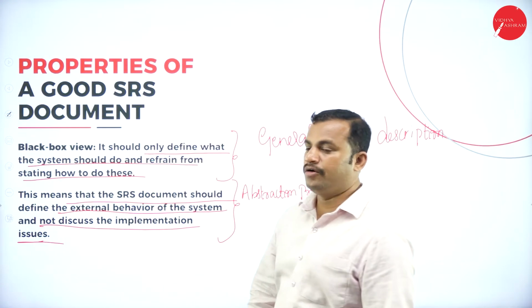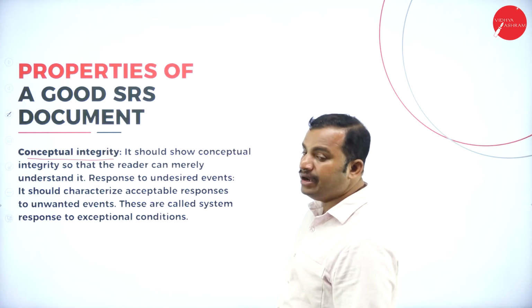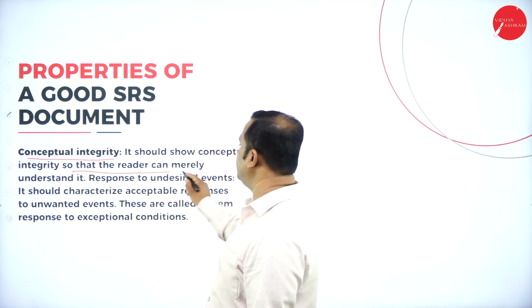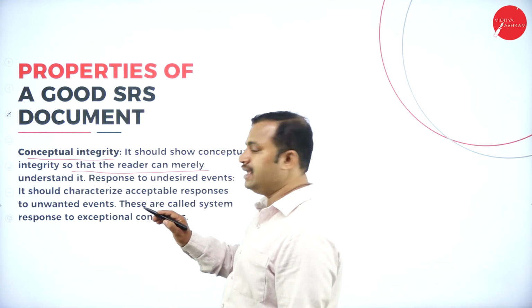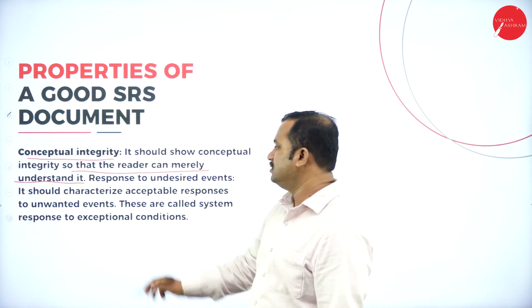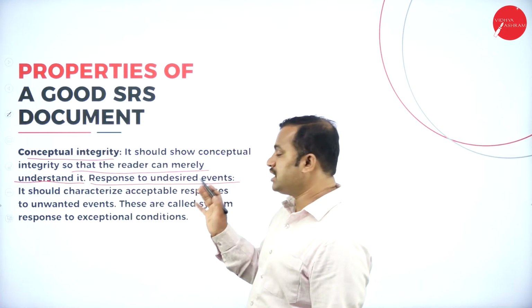What is the meaning of conceptual integrity? A conceptual integrity indicates the integration of all these document details into one single document, so that the reader who reads the document will be able to understand very clearly.